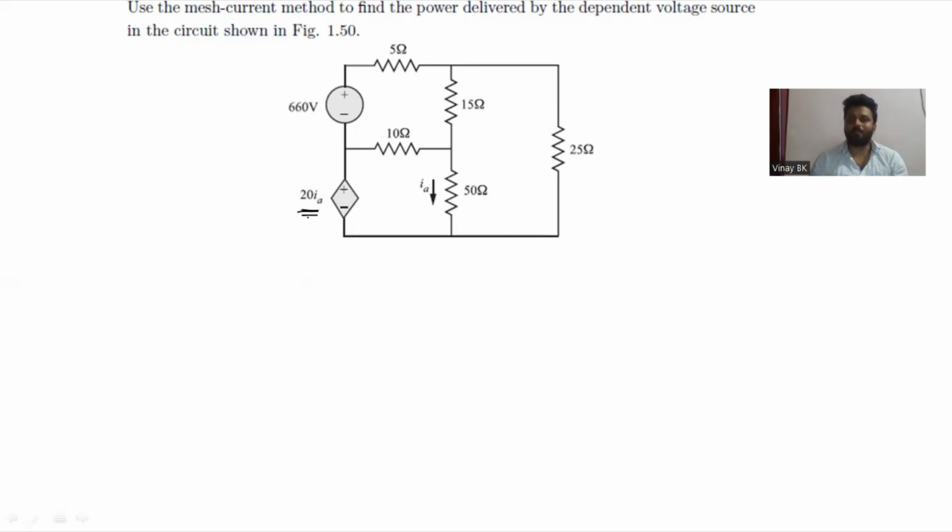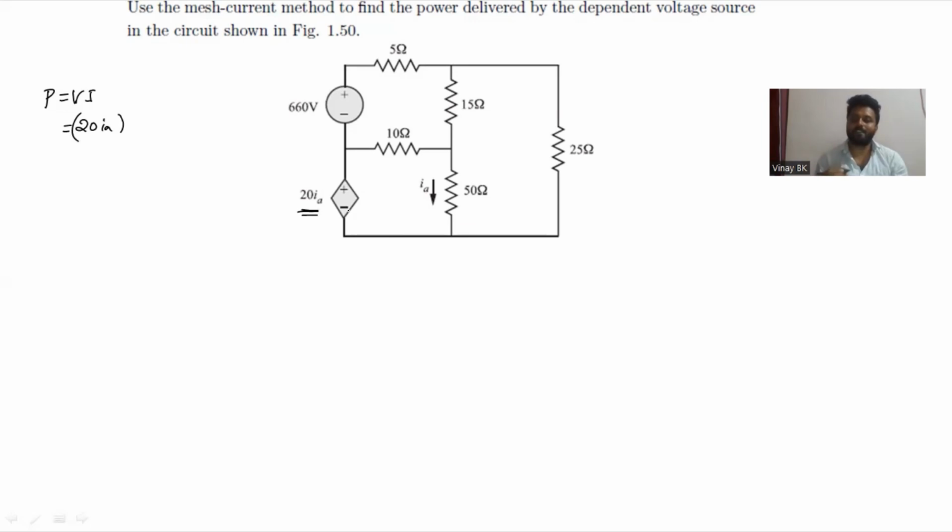You need to find the power delivered by it. You know that P is given by V into I. Keep that in your mind. Here V is 20 into IA, and I is whatever the loop current is that you're mentioning.